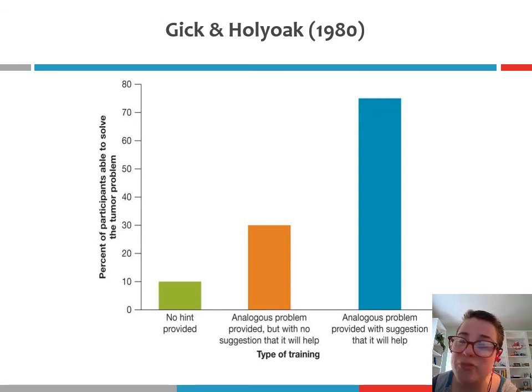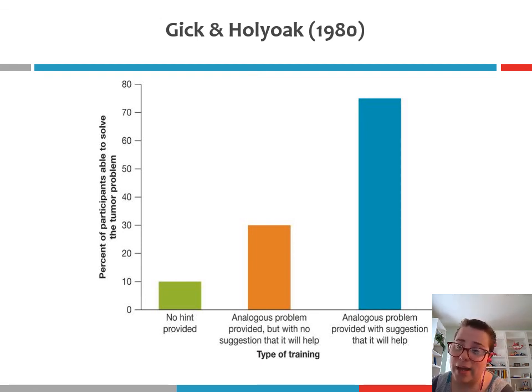Okay, so in general, participants do not produce corresponding solutions with any great frequency unless given a hint, right? So these results demonstrate the difficulty of recognizing the relevance of one problem and its solution to another.